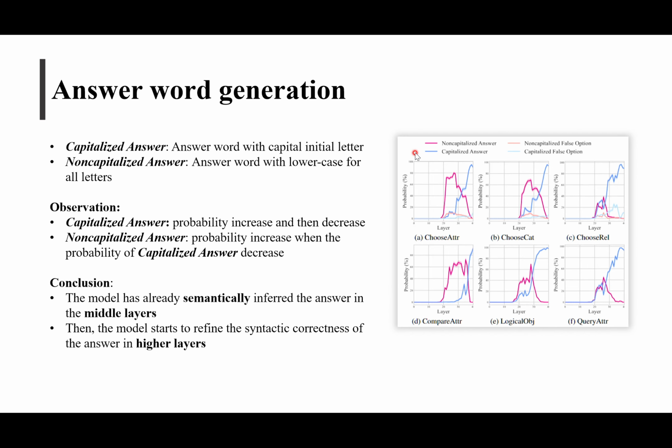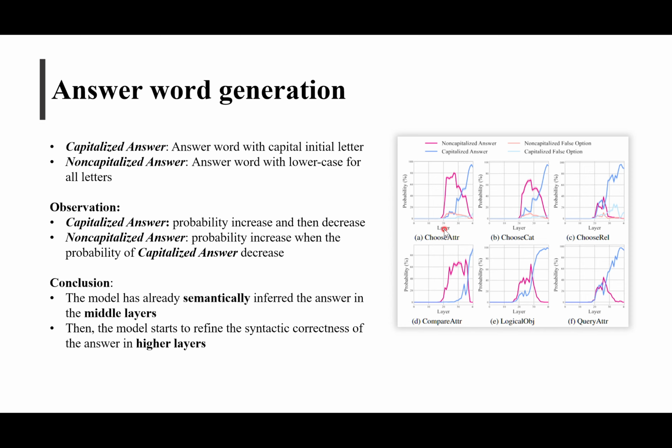And we are also trying to track the probability of the hidden representation at the last token across different layers. For the answer word, there are two kinds of answer word. The first answer word is where all letters are lowercase, and the second answer word has a capital initial letter.